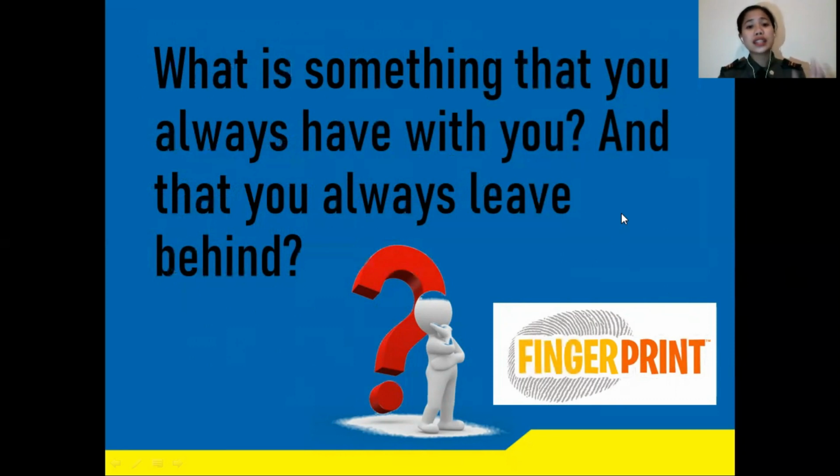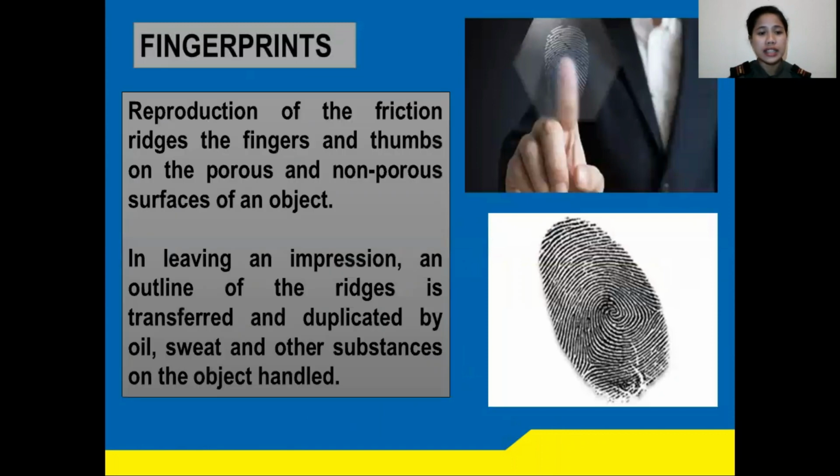After knowing what is dactyloscopy, let's know naman what is fingerprint. So, fingerprints is defined as the reproduction of the friction ridges, the fingers, and thumbs on the porous and non-porous surfaces of an object.